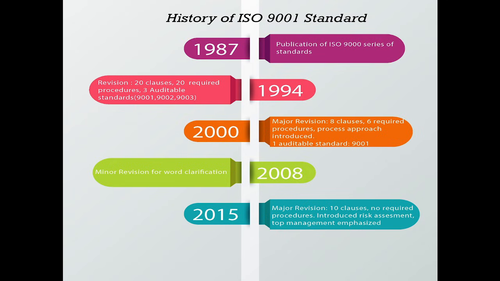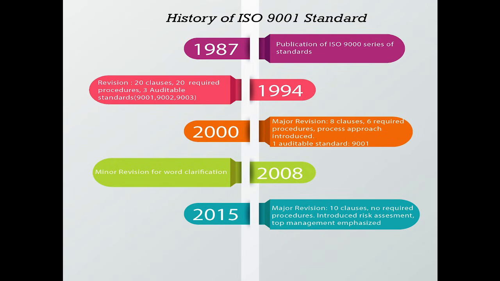Let me take you now through the history of ISO 9001 standard. In 1987, there was publication of ISO 9000 series of standards. Then in 1994, there were a number of research efforts which came up with 20 clauses, 20 required procedures, three auditable standards, which were 9001, 9002, and 9003.